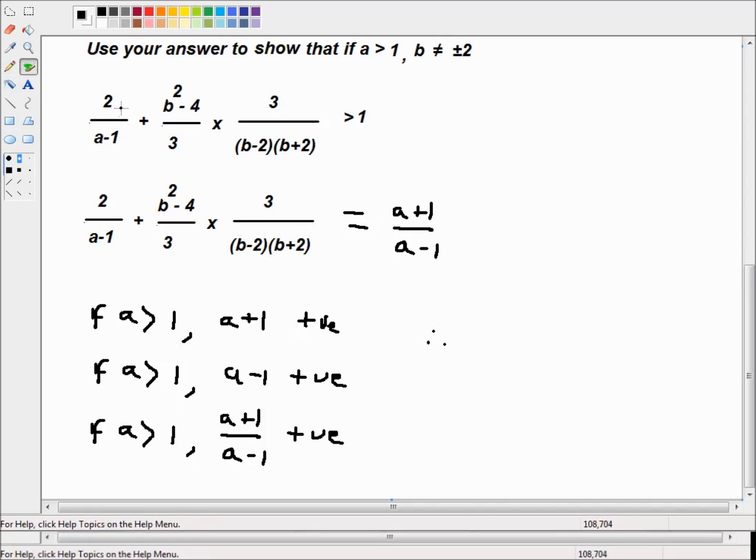Therefore, oh sorry, I should point out before I make that conclusion, for any value of a, a plus 1 is always going to be greater than a minus 1. And therefore the numerator is greater than the denominator.